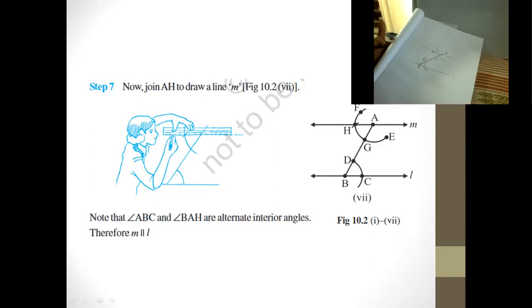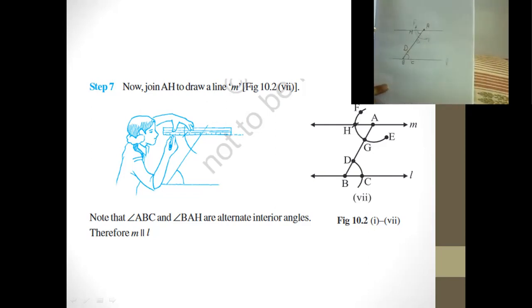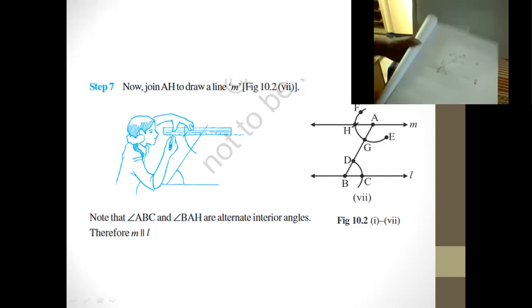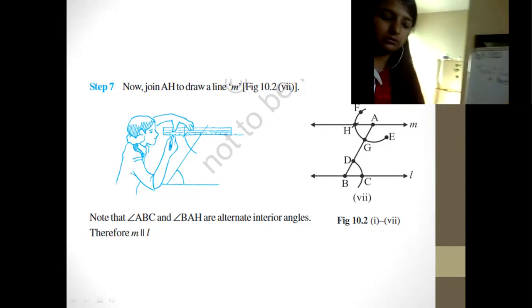We can observe that they are making alternate interior angles. So therefore we prove that line L is parallel to line M. This is what we have done in previous classes as well. We have proved the parallel lines.